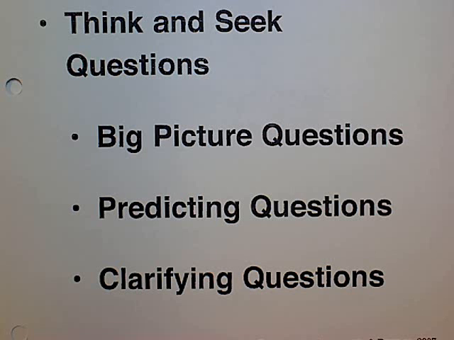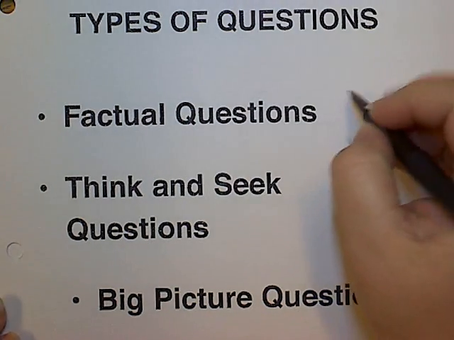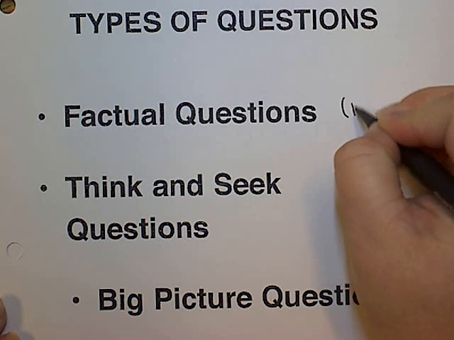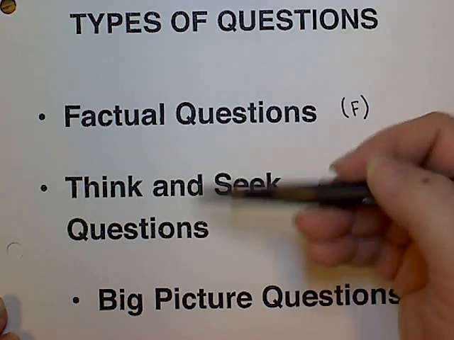So now we're going to take a look at the factual question. We'll probably find that in our notes in a minute, but we do know that our code for that is F. That's our code. Then we have 3 think and seek questions. There are 3 types.